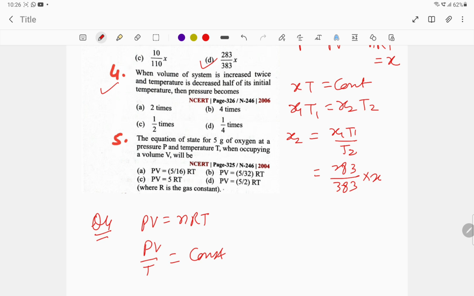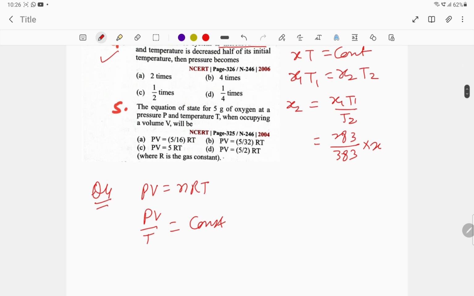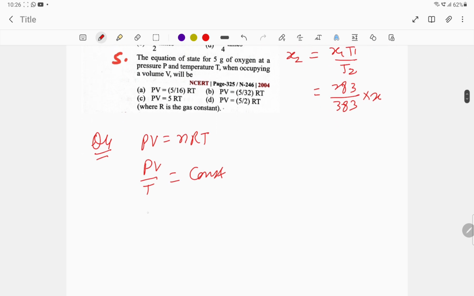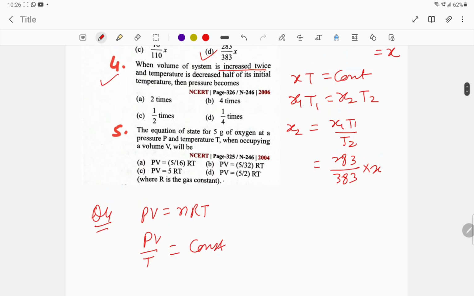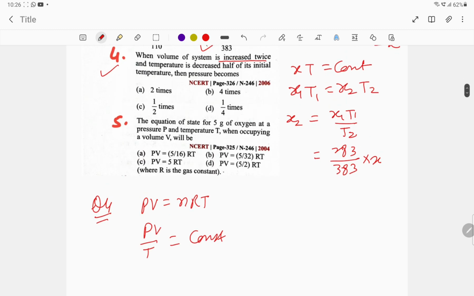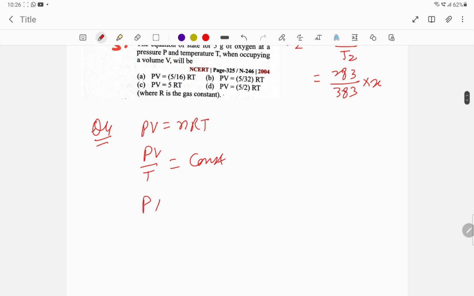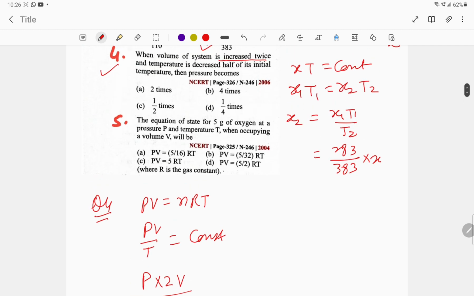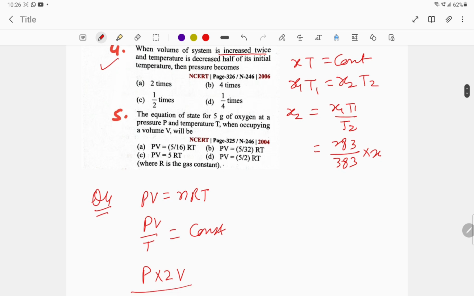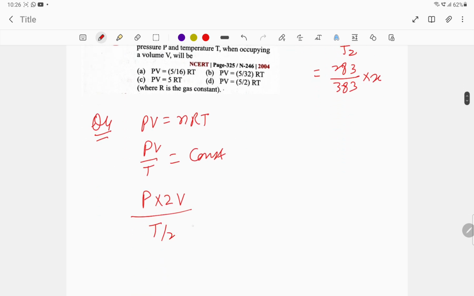So when the volume of the system is increased twice, now for a new system the volume is equal to twice, and temperature is decreased to half its initial temperature. The volume is doubled, so 2V, and the temperature is decreased to half its initial value, so this is T by 2.